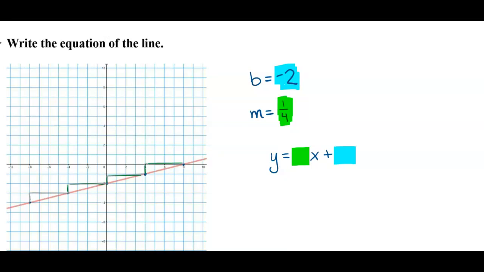We do all of these things kind of backwards because the equation says mx plus b, slope times x plus the y-intercept. But it doesn't matter whether you're graphing or whether you're trying to find the equation of the line. The y-intercept is almost always the first thing you look at. So this is going to end up saying 1/4 x plus -2. Now we don't really like having a plus a negative right next to each other, so we're going to write y equals 1/4 x minus 2 instead.